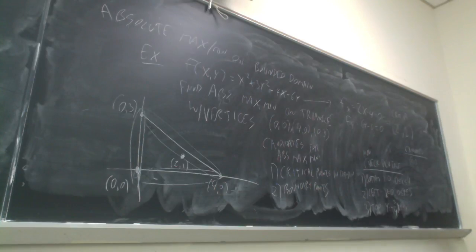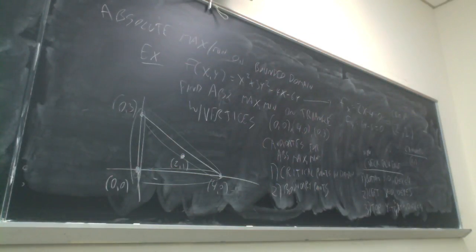And then we can restrict x between 0 and 4. So now we have full descriptions of all three pieces of our boundary, however many pieces you have. Now we can check each of these to find out if there are any points that are a candidate for an absolute max or min.